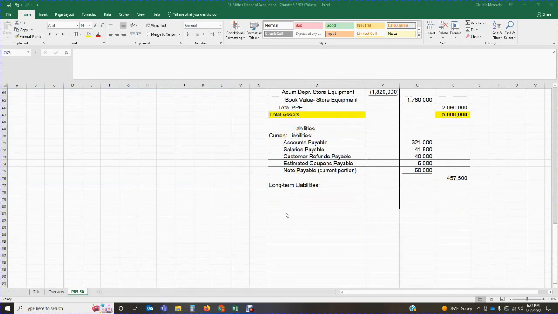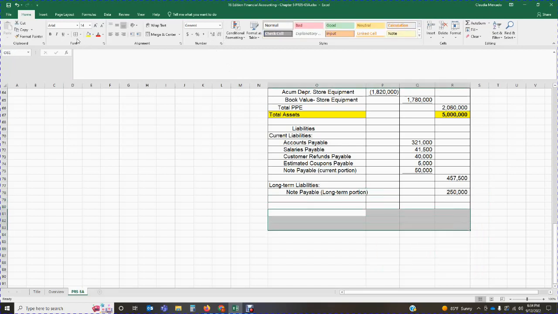So my long-term liabilities, I'm going to have my note payable, and this is the long-term portion. So that's going to be $250,000. So let me add a little bit more here. Okay, so then that's what we have.